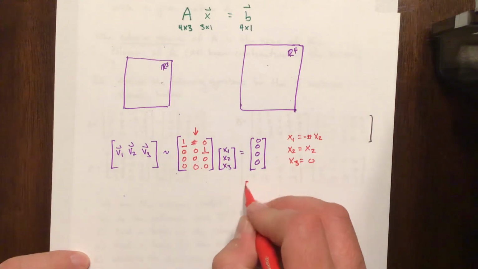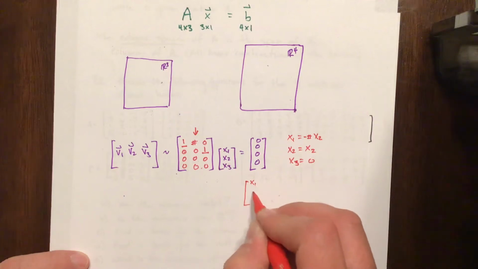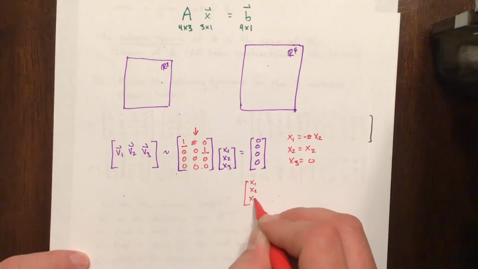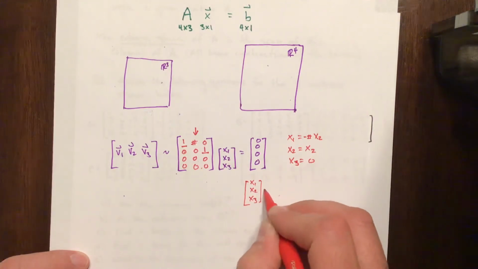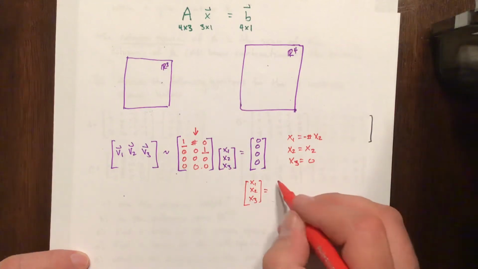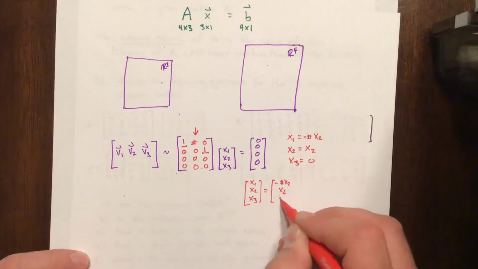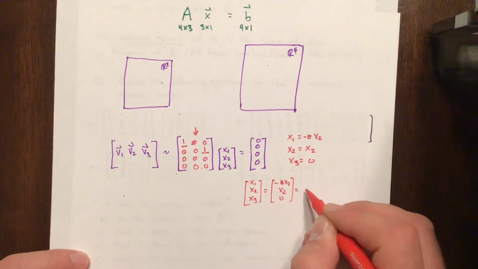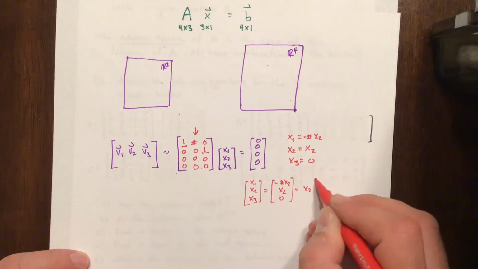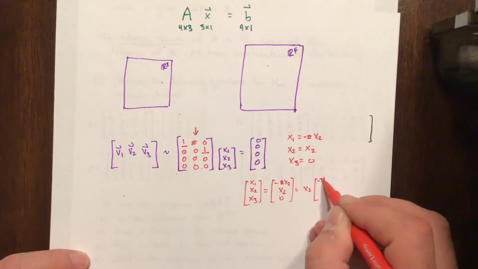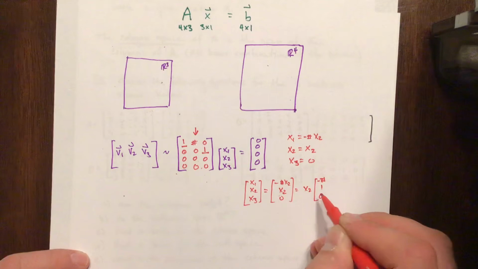So if you look at the generic vector x1, x2, x3, that when multiplied by A outputs the 0 vector, what you're getting is something that looks like minus some number x2, x2, and 0, which is the same as x2 times negative that number, 1, and 0.